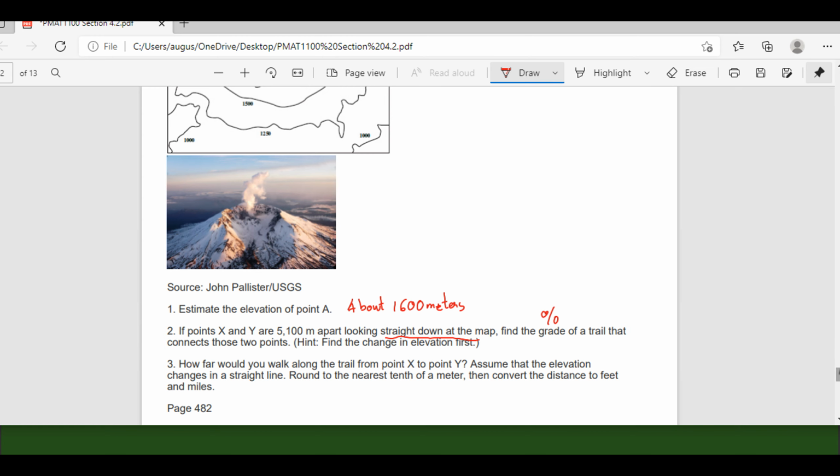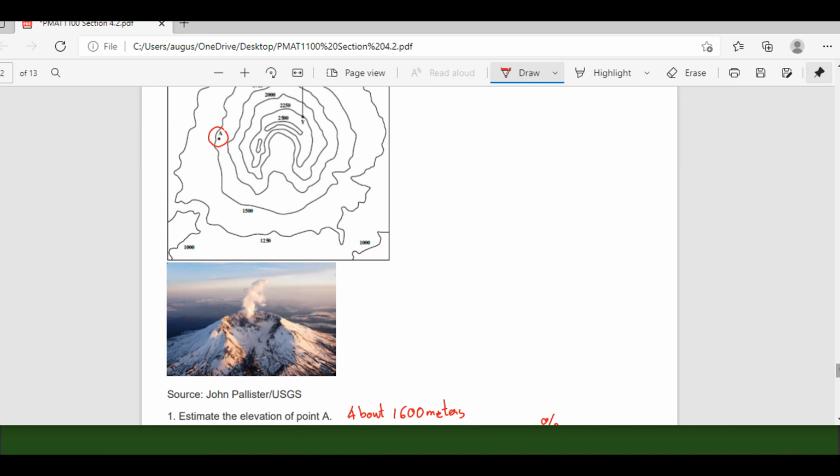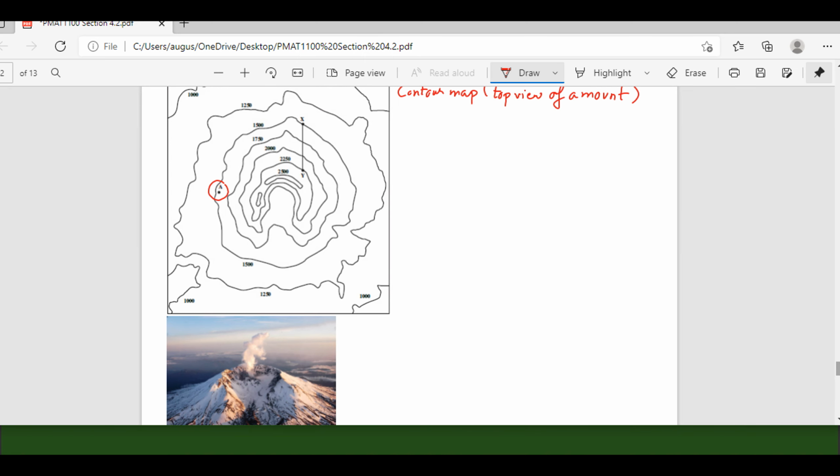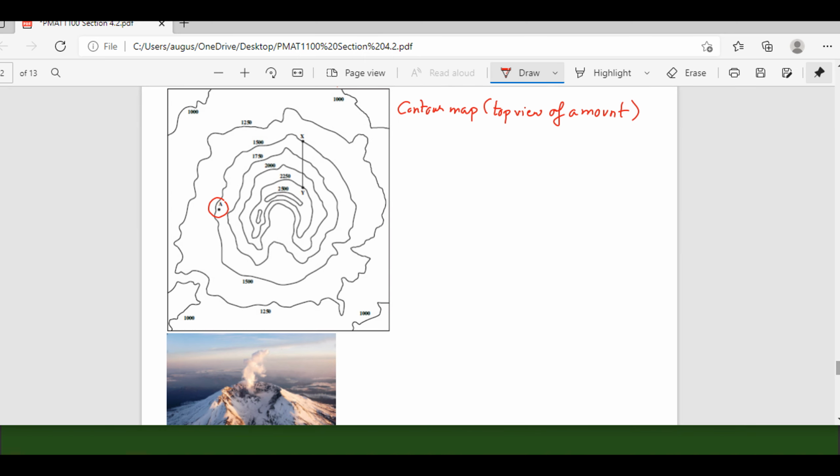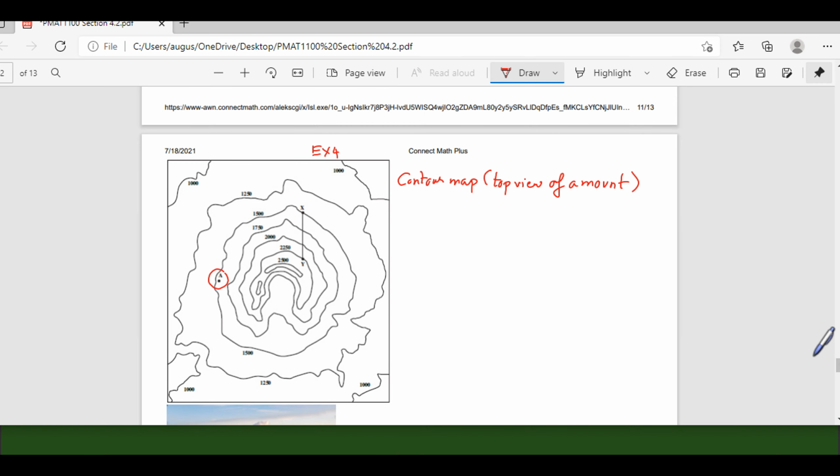Remember, we did that in the second example. This is point X and point Y on the top view, and the distance between them is 5,000 meters apart. But it's very hard to see from the top view like that, so I'm going to draw the side view.